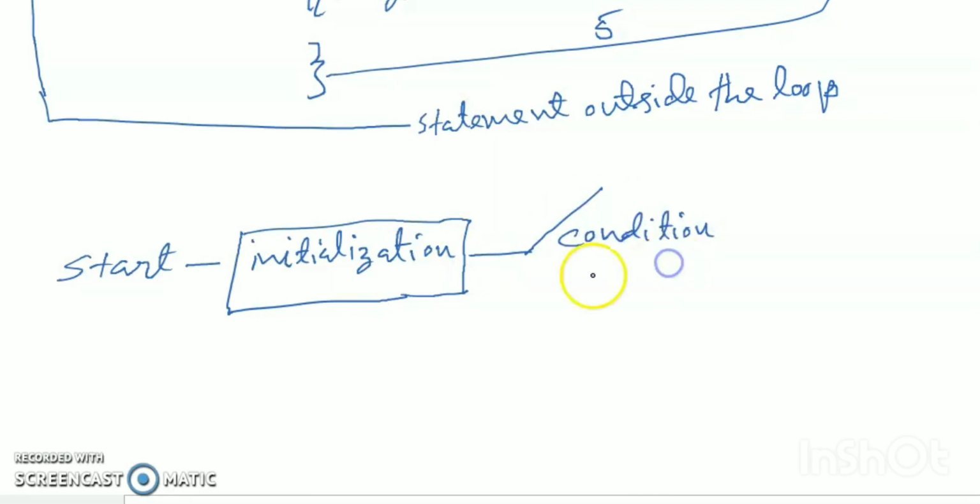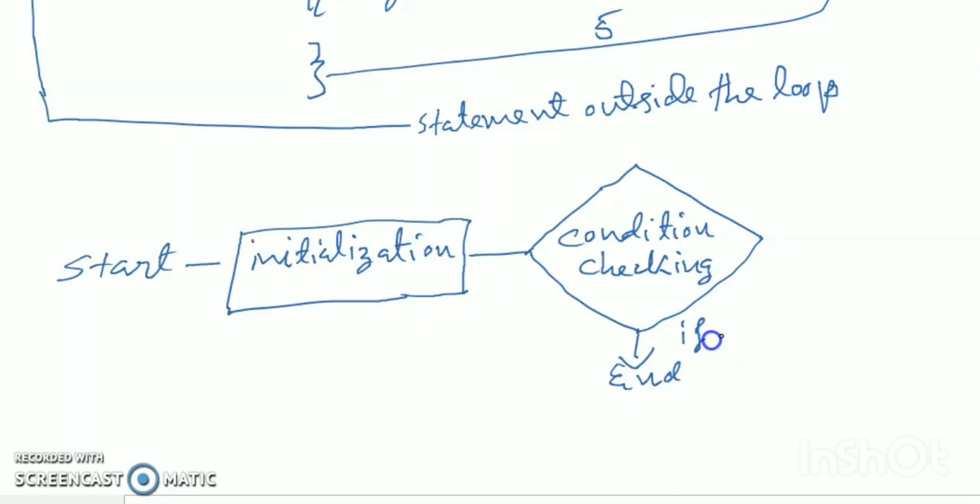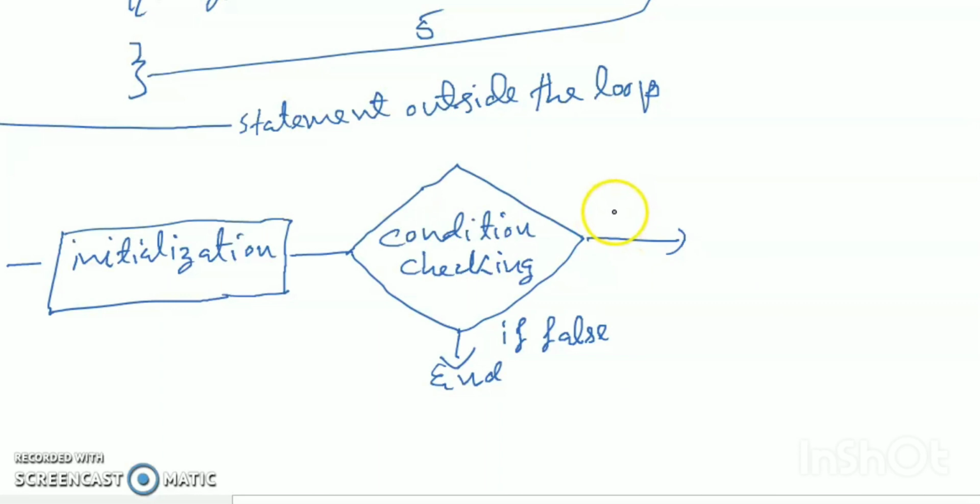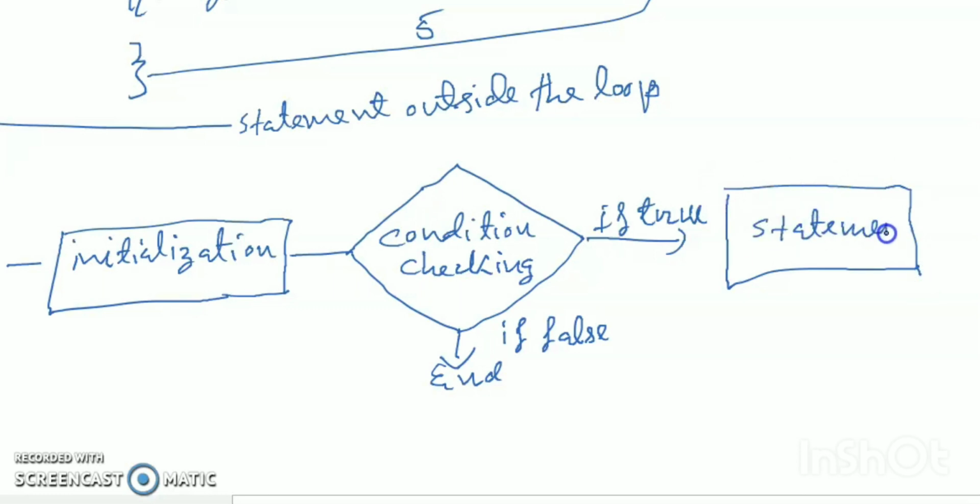If false, it is the end. If true, then it is the statement, and then it is increment or decrement.